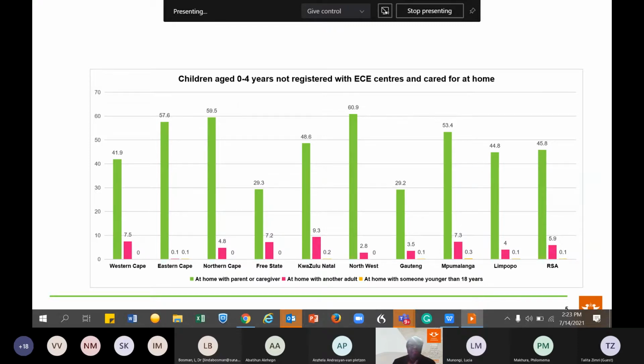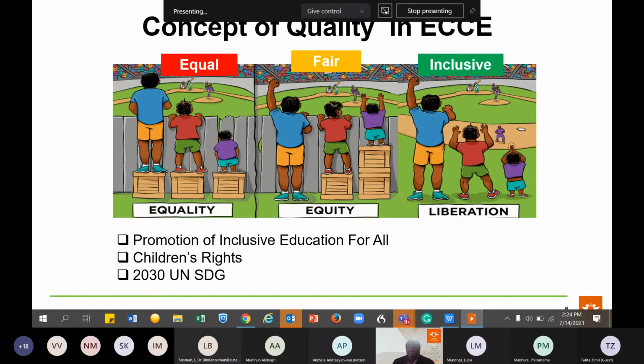If you look at that green graph, it's all children who are cared for at home with parents or caregivers. And the pink one, it's those who are cared for at home by another adult. And you can see how it goes down, and it is really scary where we are as a country.